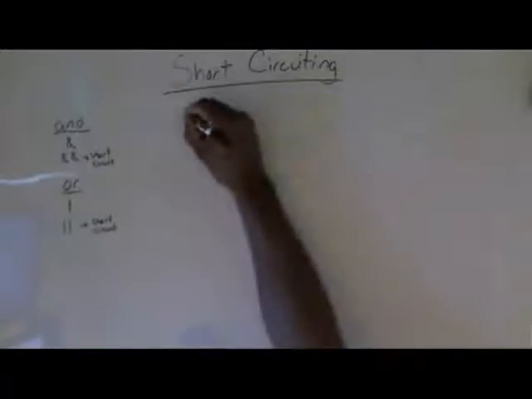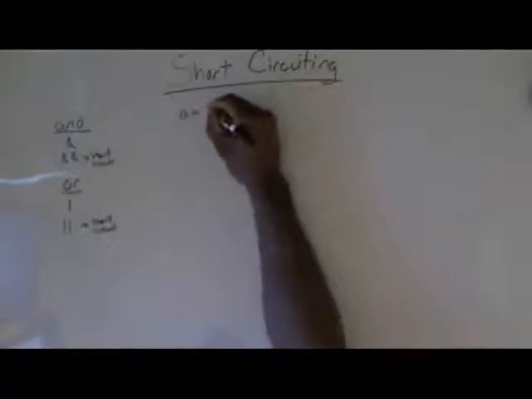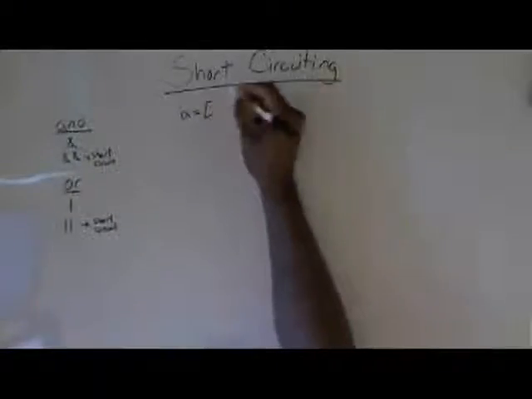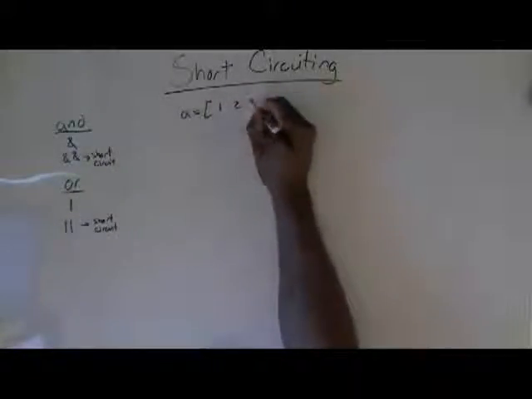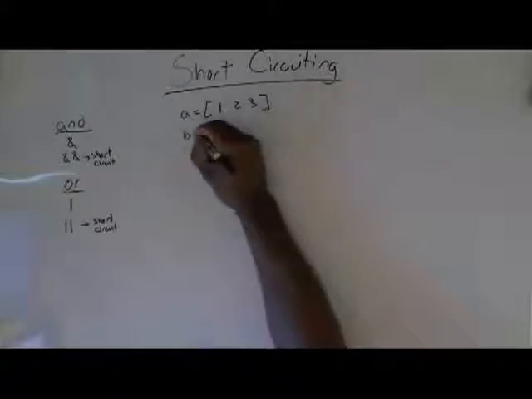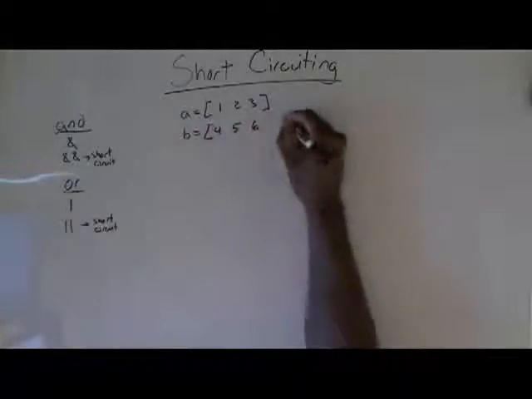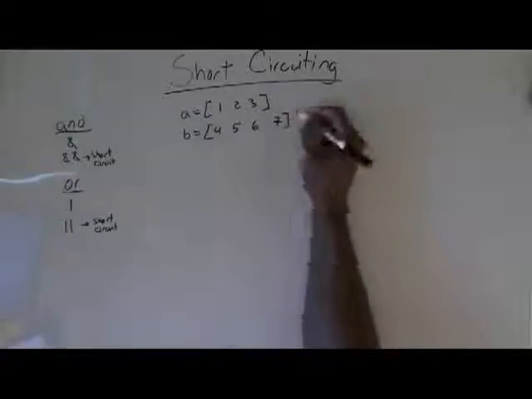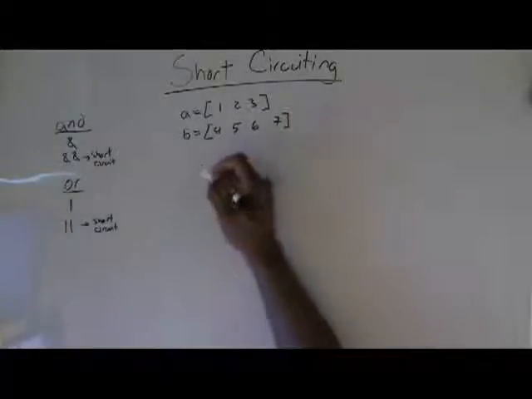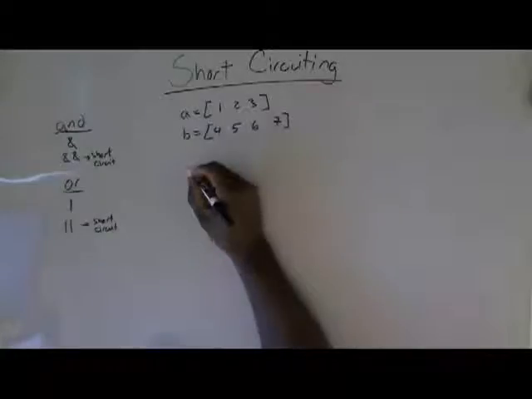Let's say we have vector A, which is 1, 2, 3, and vector B, which is 4, 5, 6, 7.